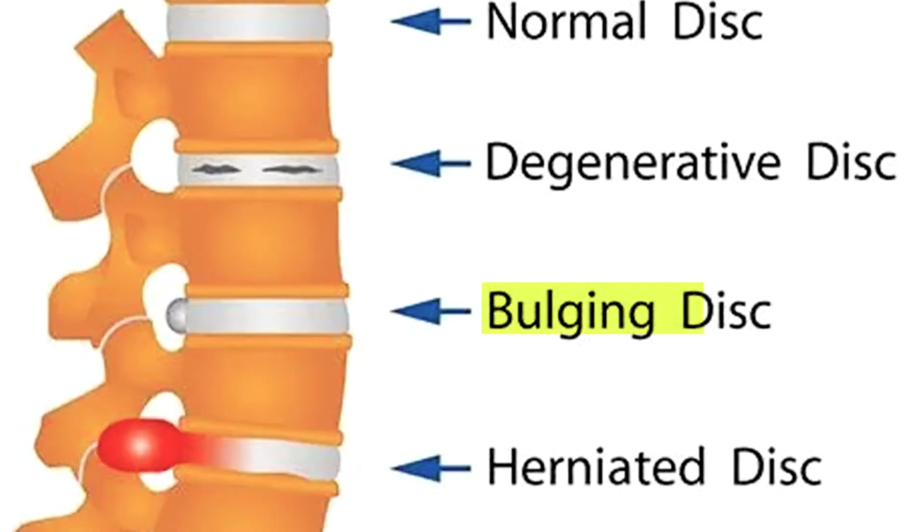Now with a bulging disc, let's go back to the jelly donut analogy. You have the outer tough layer of the disc, which is the donut. You have the inner gel-like substance, which is the nucleus pulposus. With a bulging disc, the cracks in that outer layer are injured enough that the inner gel starts pushing out the annulus fibrosus.